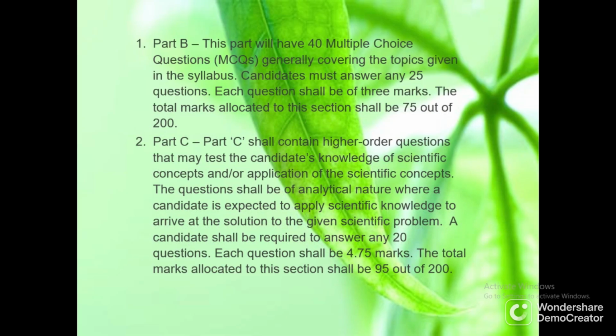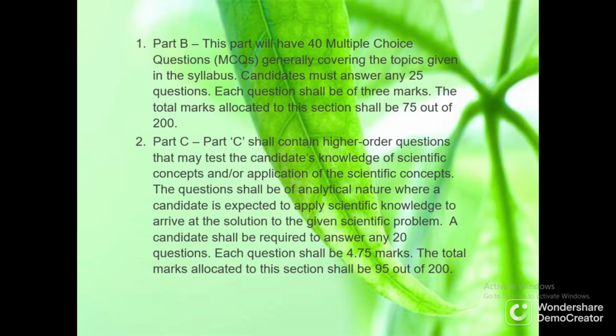In Part B, the questions are conceptual and subject related. There are 40 multiple choice questions in this part, and the candidate must answer any 25 questions. Each question is worth 3 marks. The total marks allocated to this section are 75 out of 200.